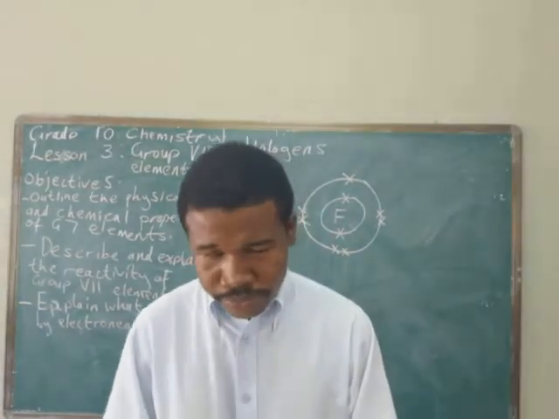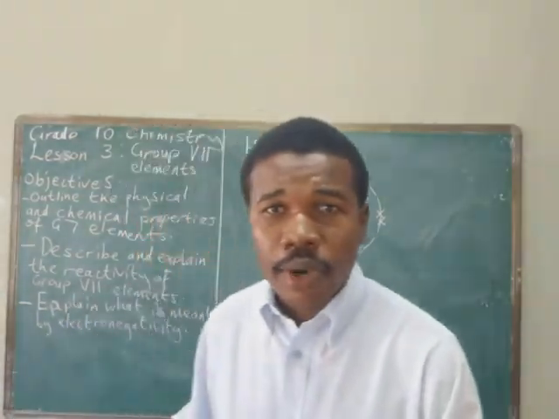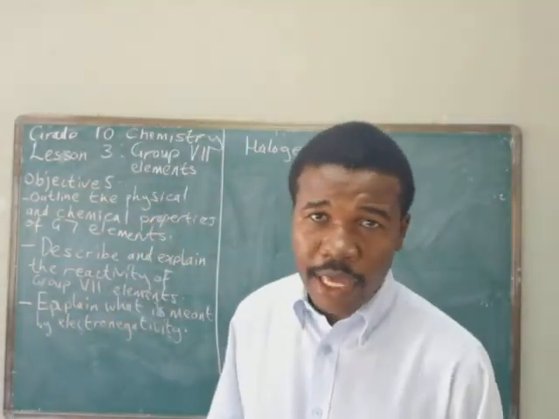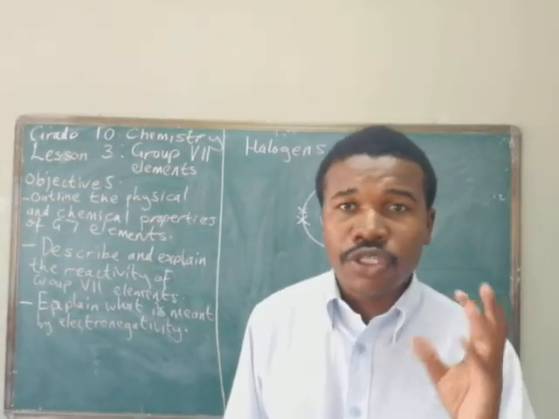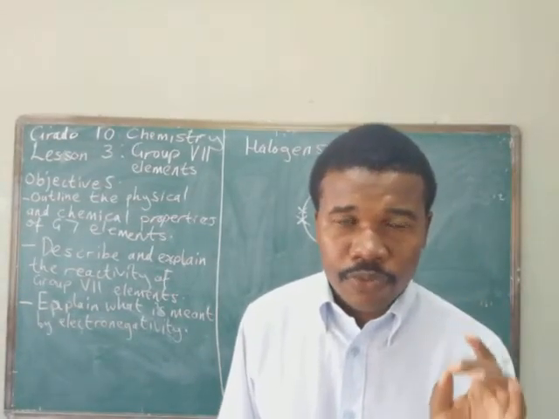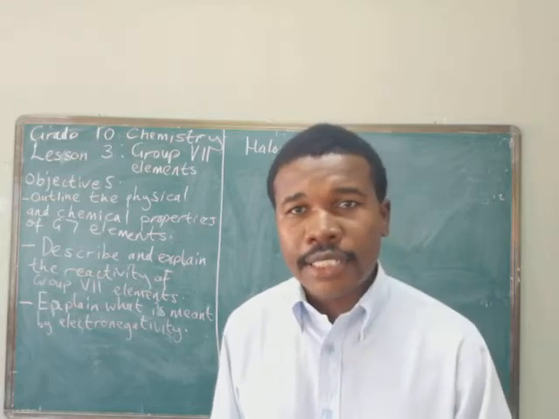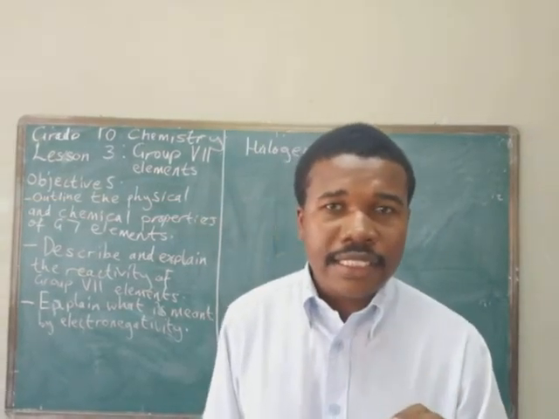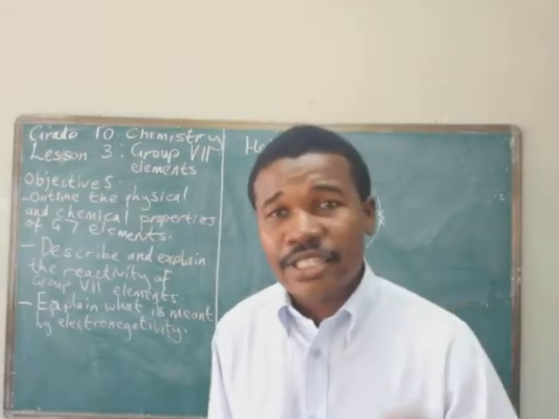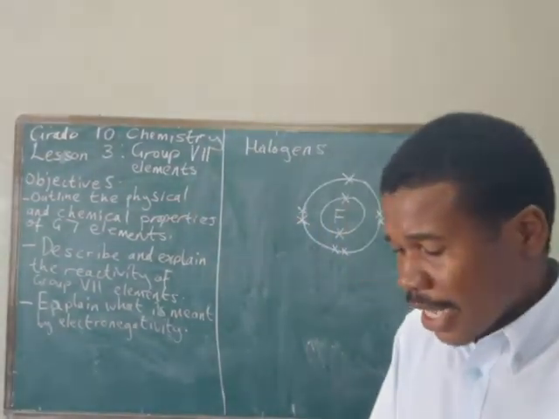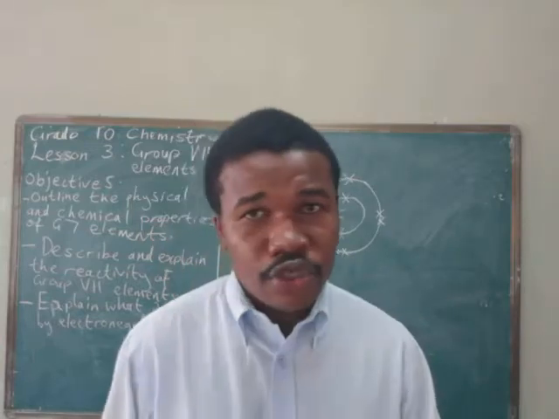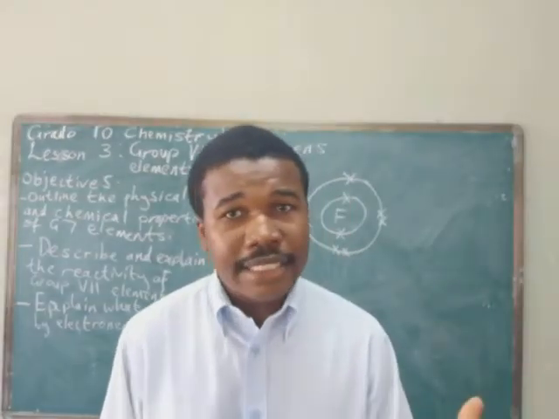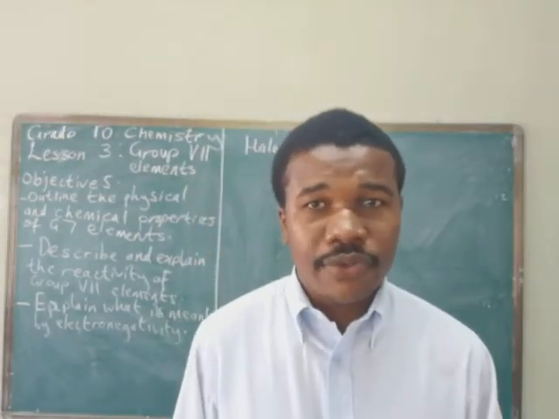Now, what other physical properties do these elements in group 7 have? Let's look at their densities. In terms of density, their densities increase as you go down the group.